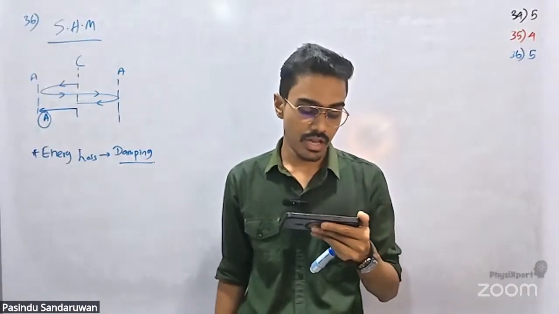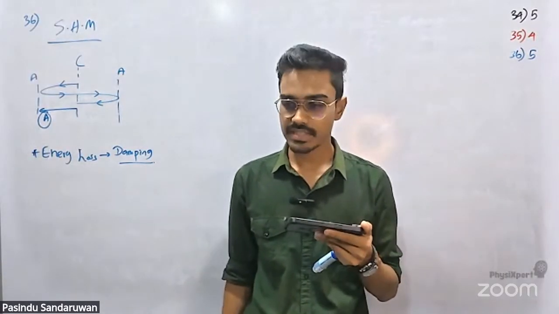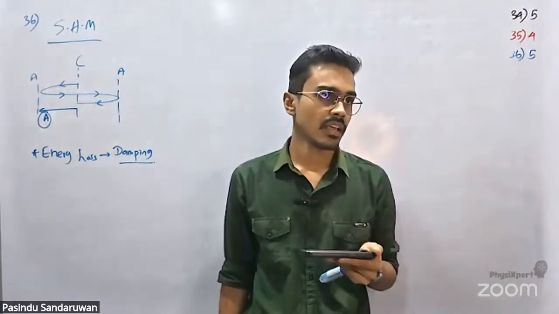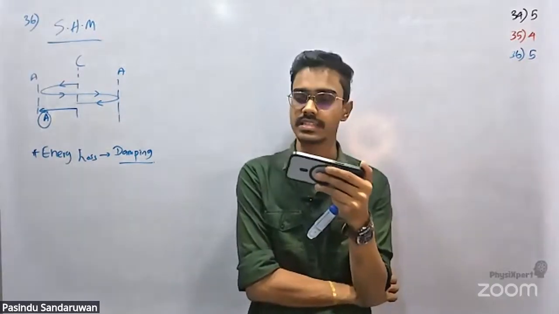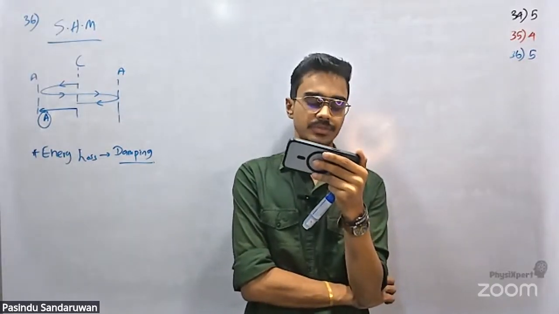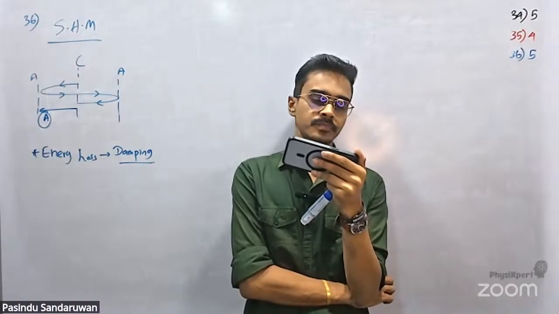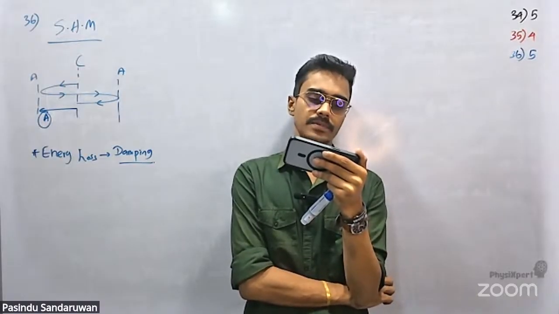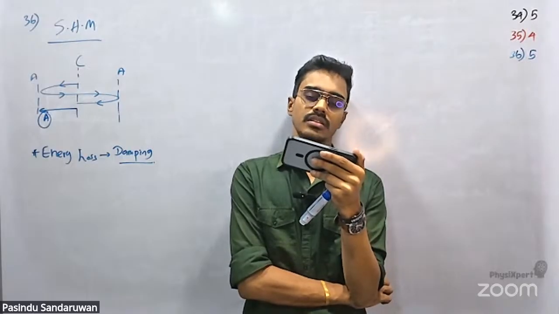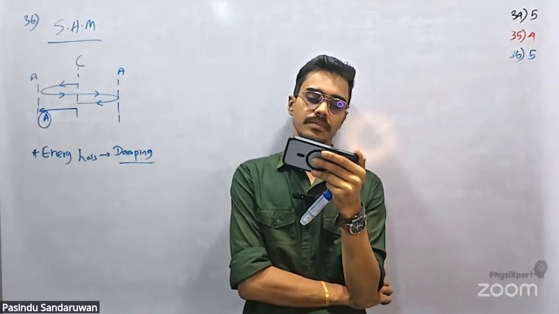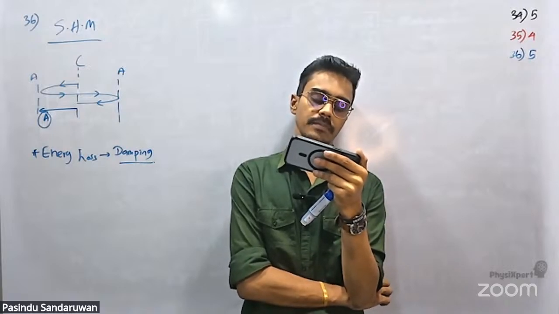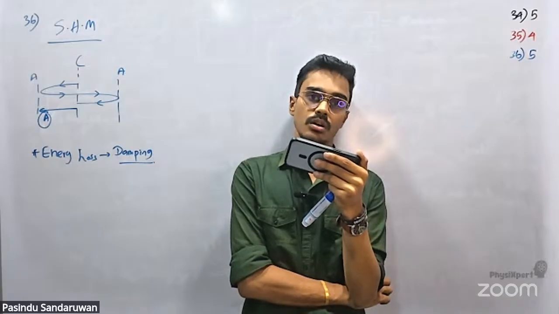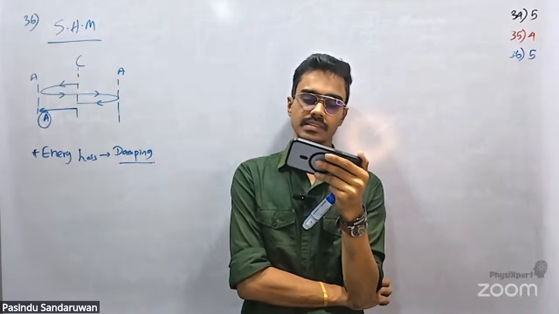37. In 37, there's a small typing mistake. Without that, you can't do the question. It should be corrected like this: a roof of 500 kilograms has been mounted on 4 steel pillars of height 8 meters.